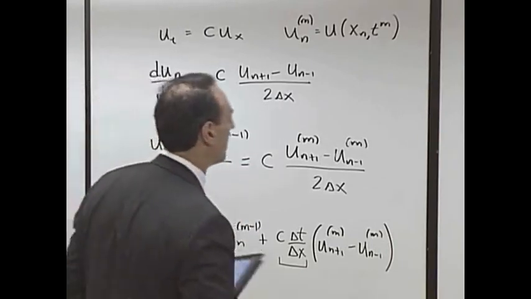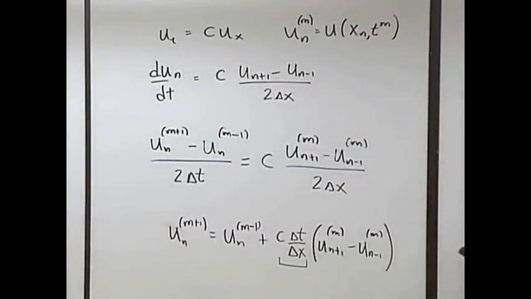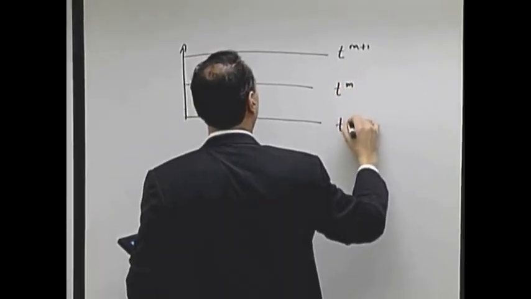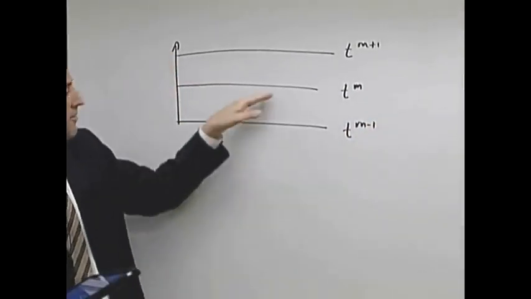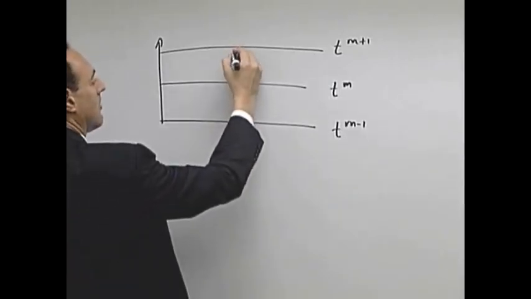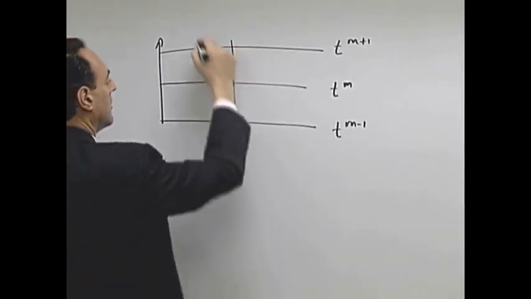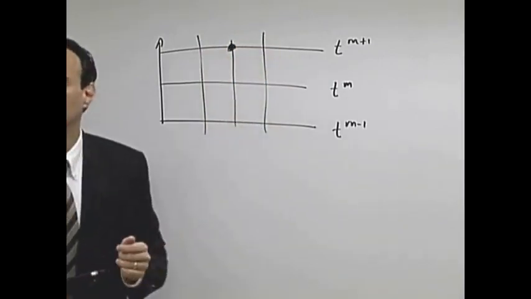So, in fact, let me draw it for you. Now, when I solve forward in time, if I have my solution at time t_m, and I want to get my solution at time m plus 1, suppose I want this point here, what points does it rely on?